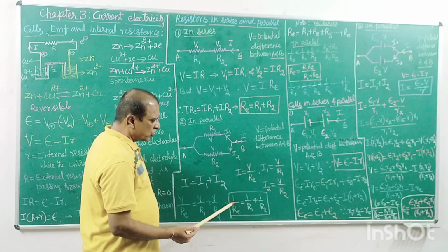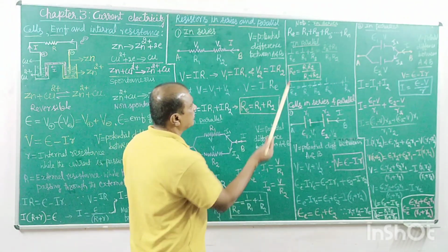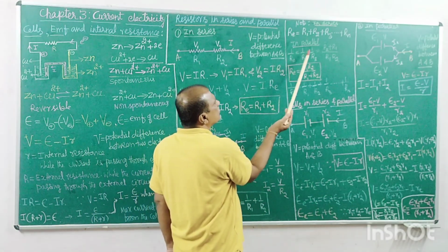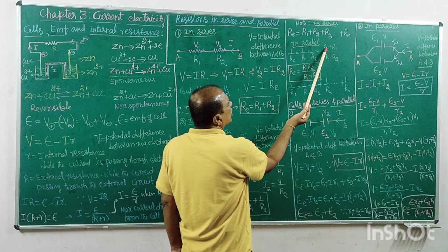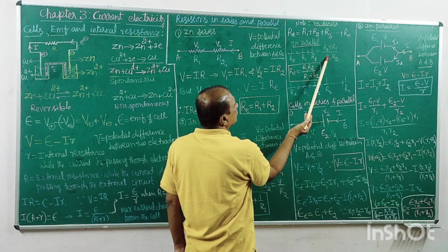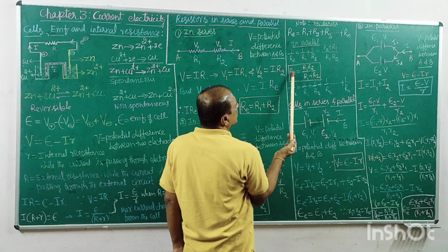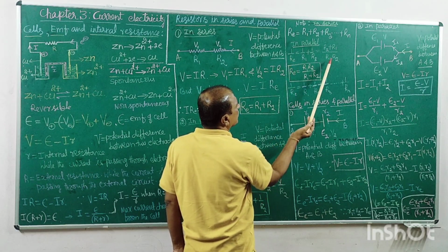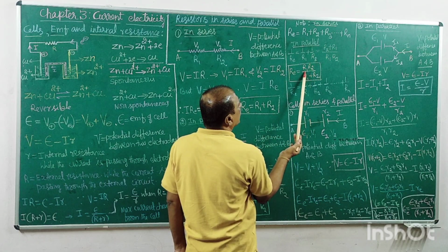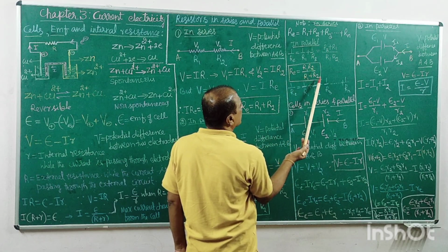If there are only two resistances, we can have this formula as well. Simplify this by taking the LCM: R2 plus R1, or R1 plus R2. Take the inverse of this. What is RE? This becomes R1 into R2 divided by R1 plus R2.